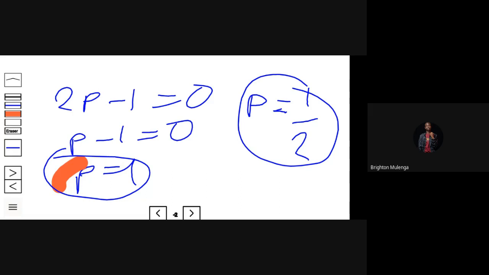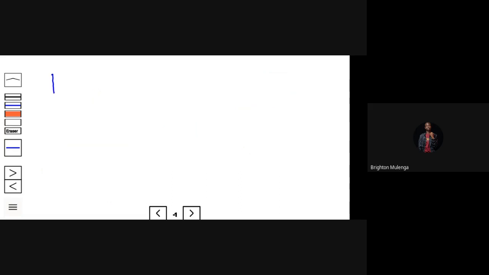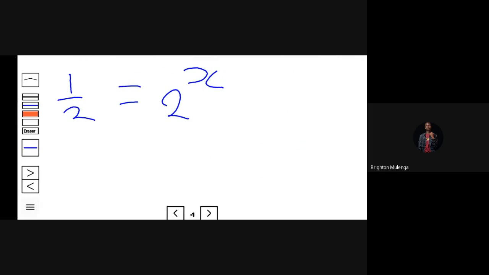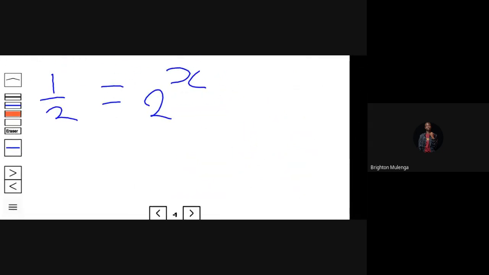When you are dealing with a quadratic equation, if you find any of our answers to be negative, we only consider a positive answer, since we can't have a negative there.